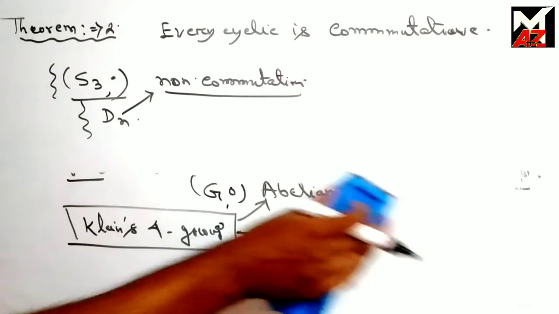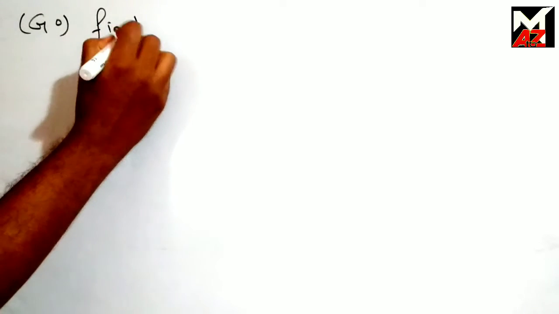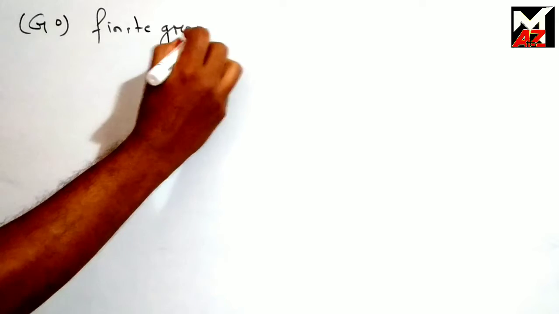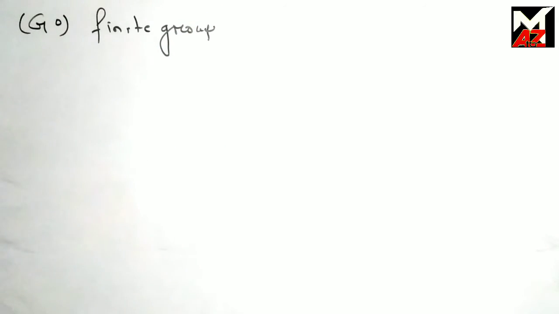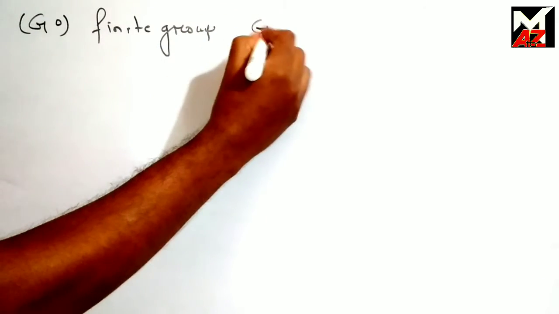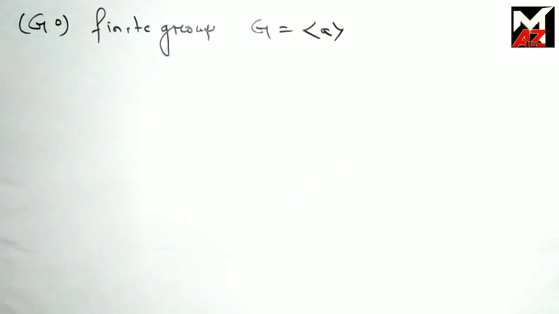Now we go to the last property, or last theorem, of the class. Here let G be a finite group and G is generated by a.